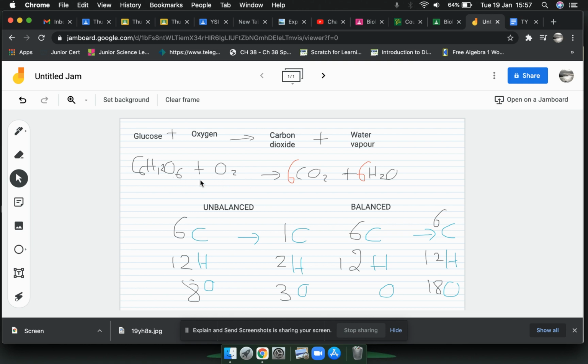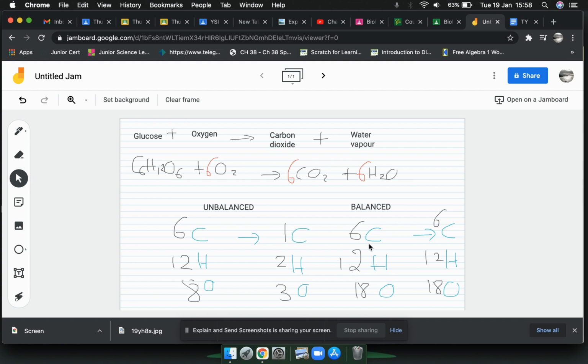In other words, 6 plus 12 would add up to 18, wouldn't it? But in order to get 12, I could put the 6 here in front of this oxygen. So 6 times 2 is 12. What you should then do is see, is it actually fully balanced? I have figured out that I have now got 18 oxygens on the left and 18 on the right.